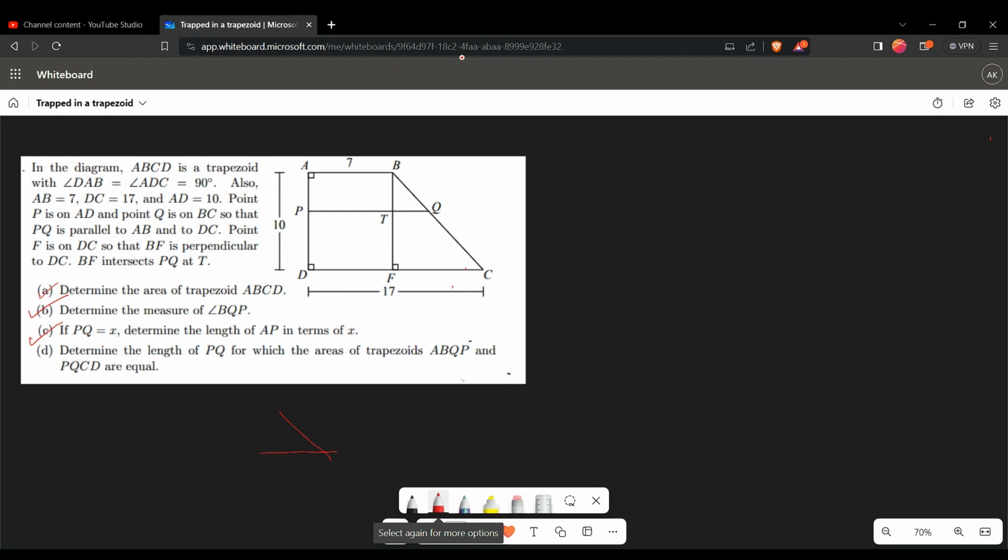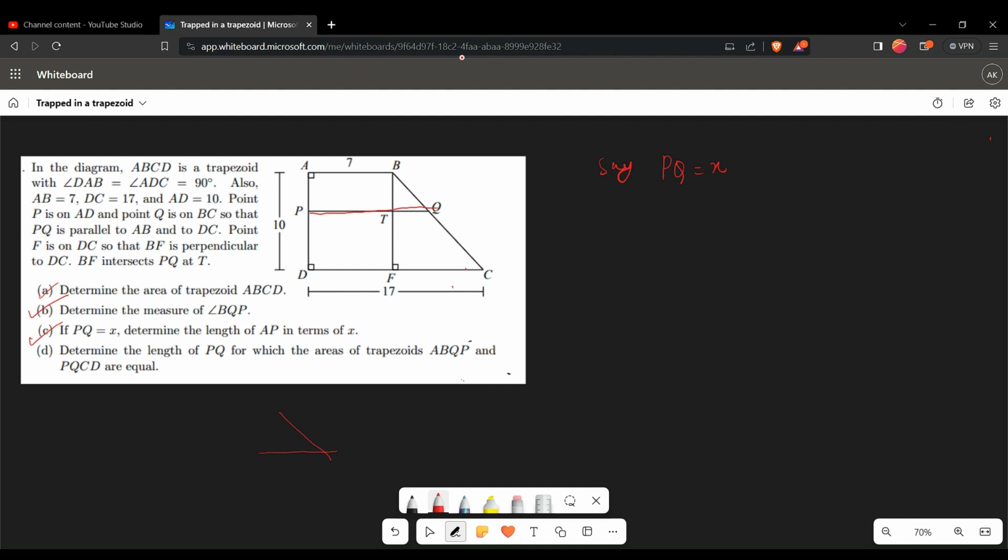It says to determine the length of PQ such that the area of trapezoid ABQP and PQCD are equal. Say PQ equal to x, fine.